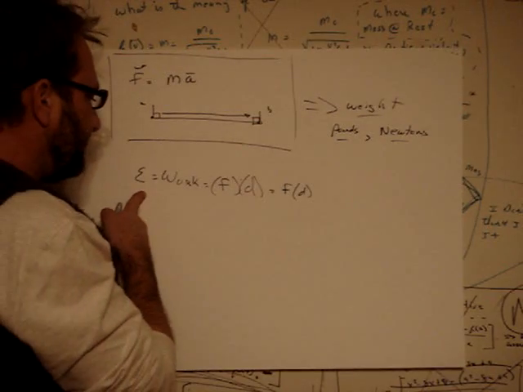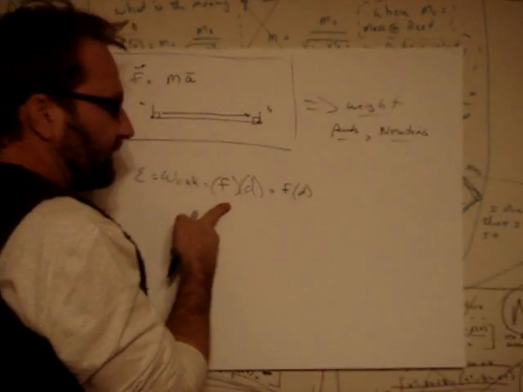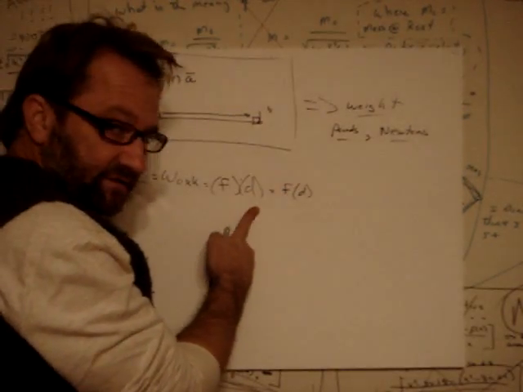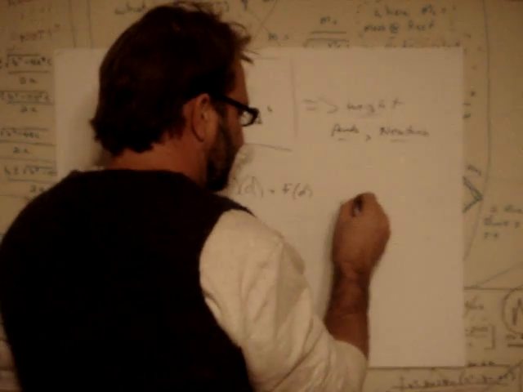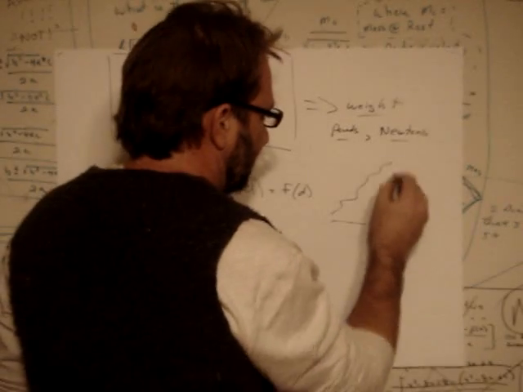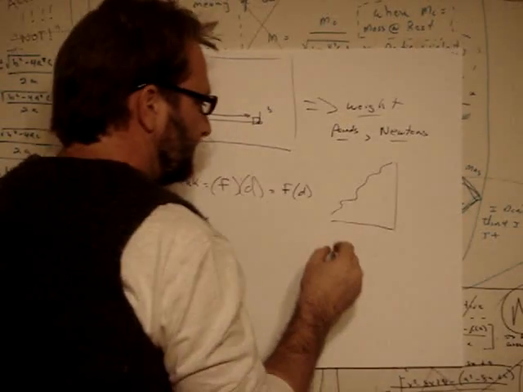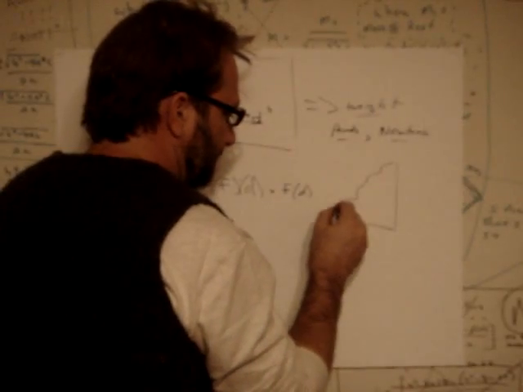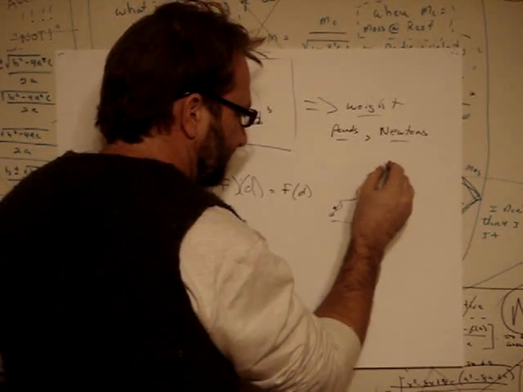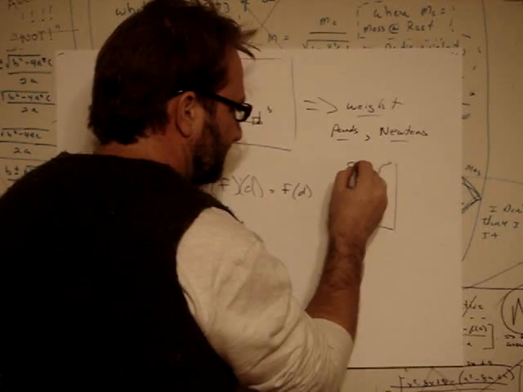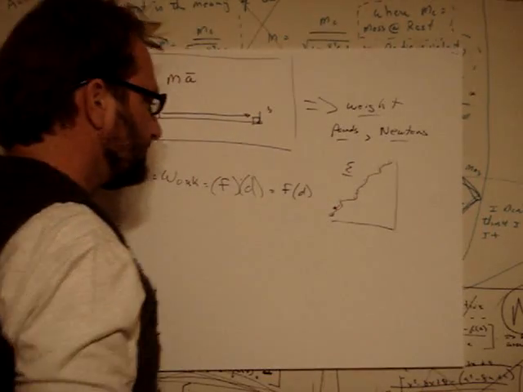So energy is the amount of force that we apply through a distance. One of the best examples is, say, climbing a hill. So if we apply a force to our system through a distance, then we have expended this much energy.